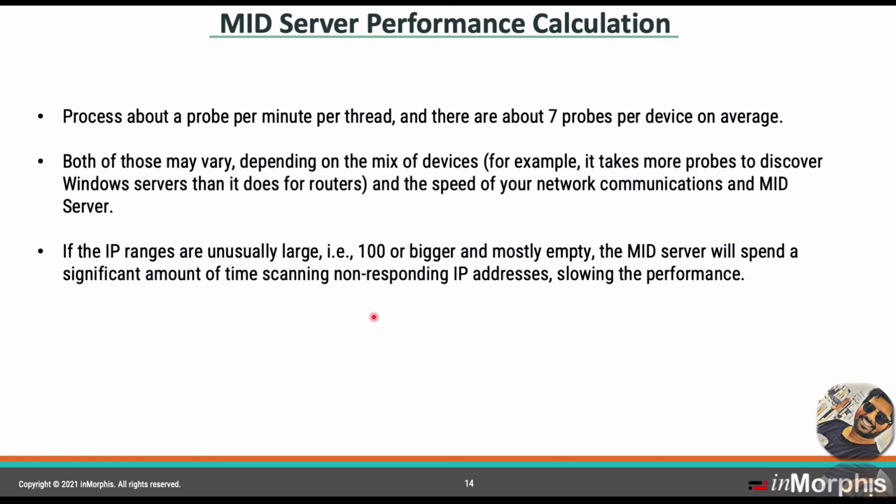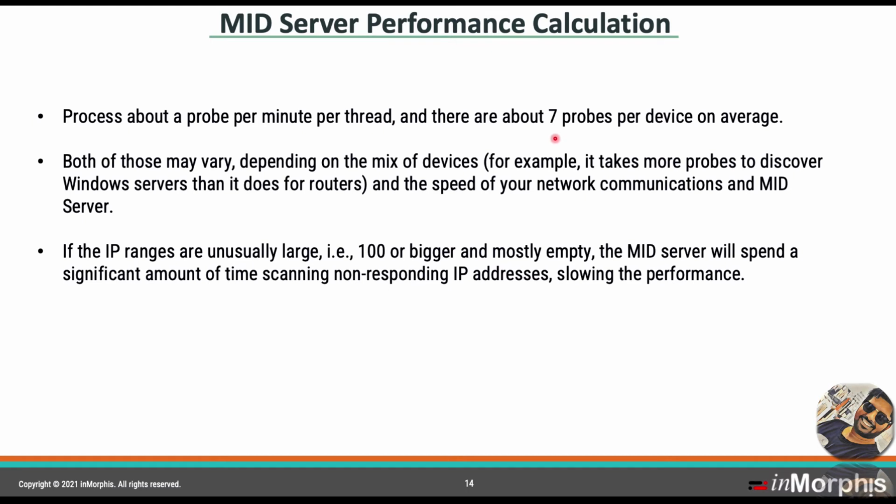I have just put one example here, but for instance you can have your Shazzam probe pattern on a cluster basis, and then your performance will increase. You can club the number of IPs, and instead of 1000 or 5000, you can put 10,000. But this is one formula that you should remember: a job is one probe per minute per thread, and on average there are 7 probes per device.